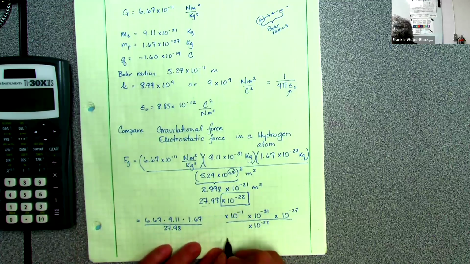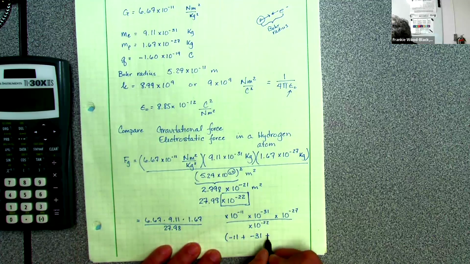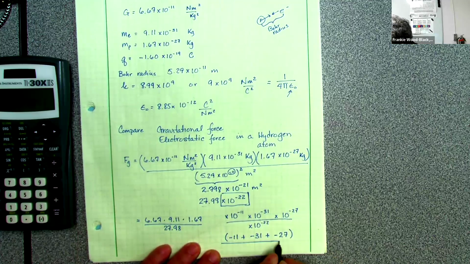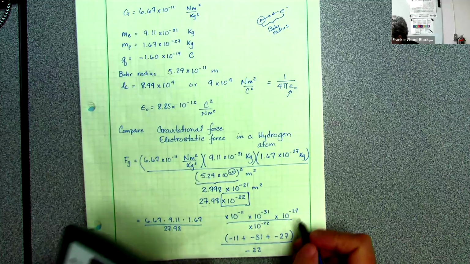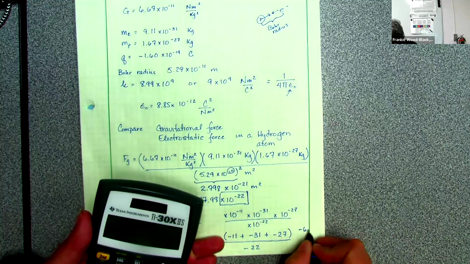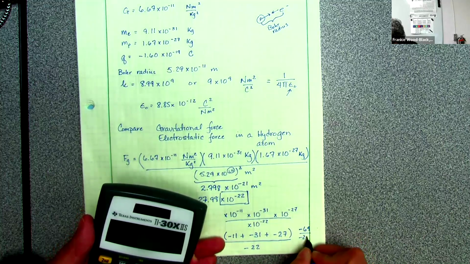Now, if I'm doing this, I can add the exponents. So it's minus 11 plus minus 31 plus minus 27, divided by minus 22. If I do that, 11 plus 31 plus 27, I get 69 on top, so I get a negative 69, and I have a negative 22.